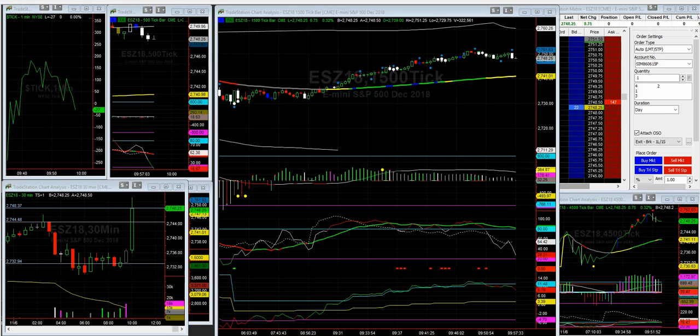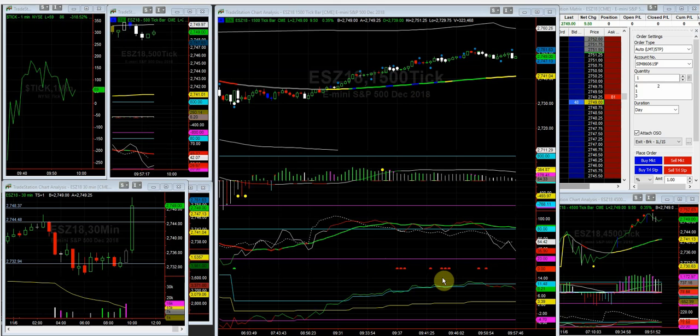Now here's a situation where the price momentum line is going towards the lower bound, and I wouldn't be surprised to see it go below the lower bound as it did over here. But since the trade momentum is so high, we're looking at this as a pullback.